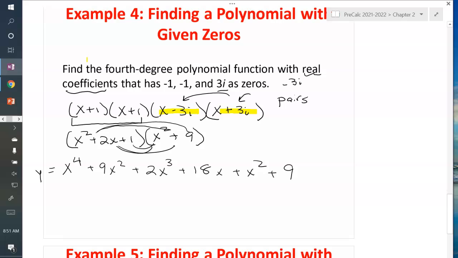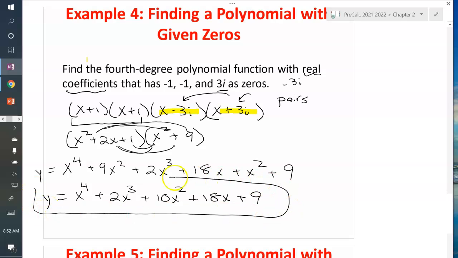Now let's see if we have any like terms we can combine. Also, let's put it in order from largest exponent to smallest. So x to the 4th, I have a 2x cubed. I have a 9x squared plus an x squared, so I get 10x squared. And I have an 18x and a 9. Done. It's 4th degree. All my coefficients are real numbers.